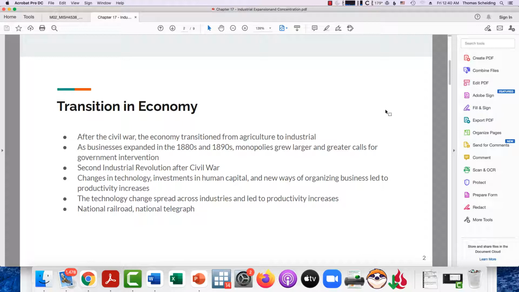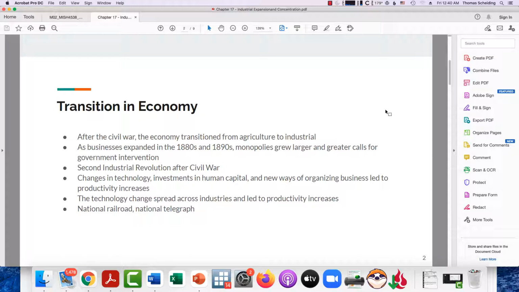But you also have a time in the same time period where businesses are organizing themselves in new, innovative ways, such that you have investments in capital, you have the developments of new methods, the incorporation of new technology into the businesses such that you get productivity increases.